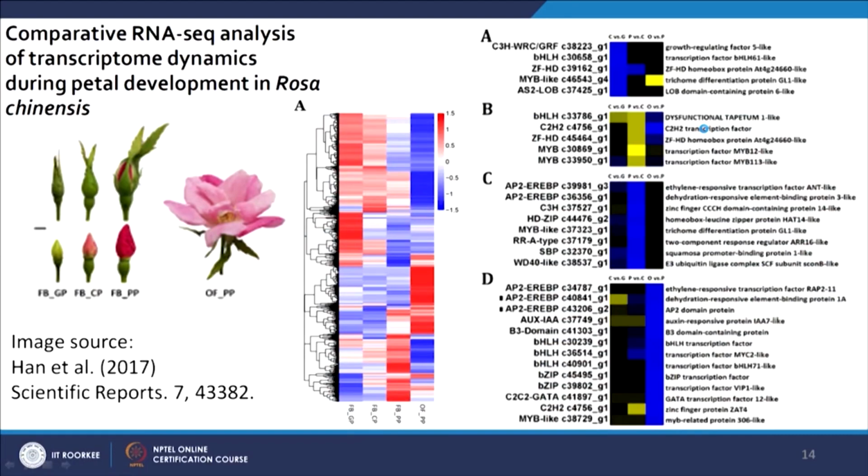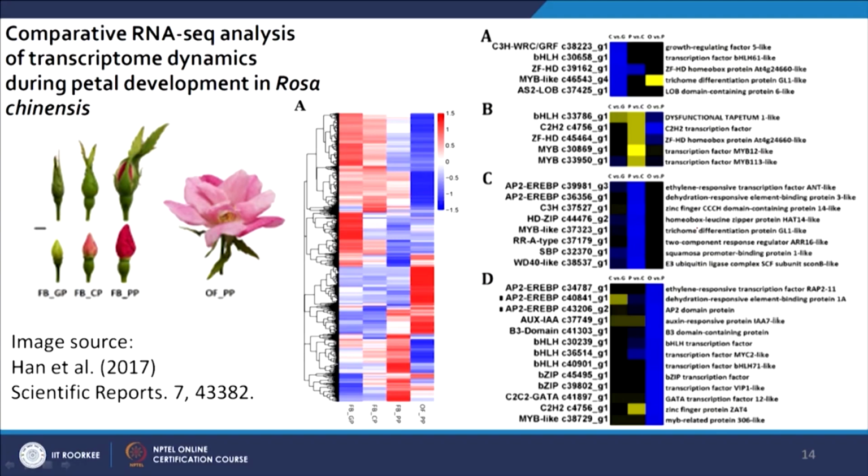This is another example where comparative RNA sequencing analysis was done for transcriptome dynamics during petal development in rose, one of the rosaceous members. You can see that they have taken petals from different developmental stages, performed the RNA sequencing analysis, and identified different gene expression patterns.